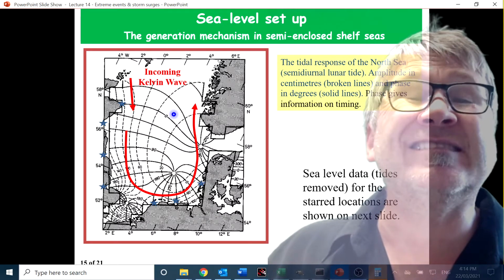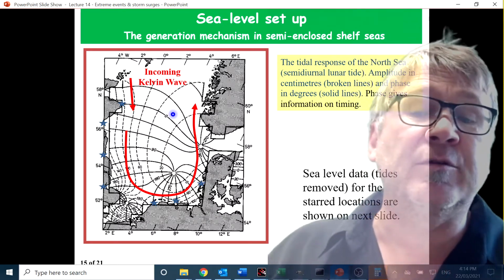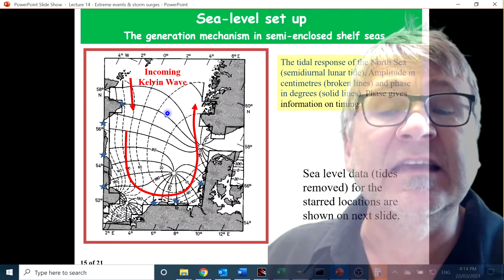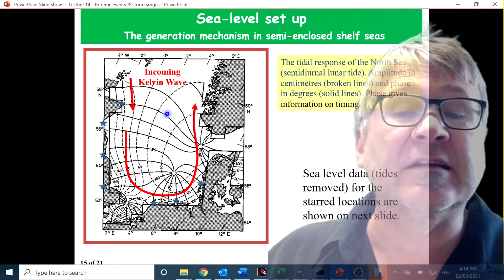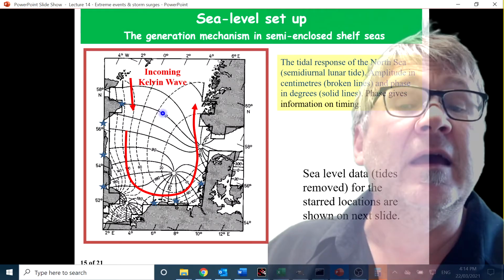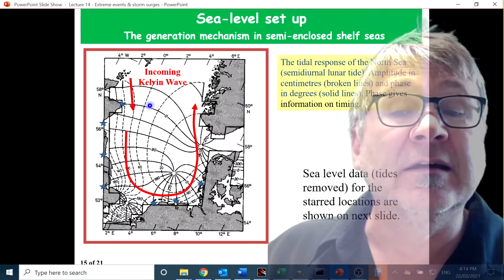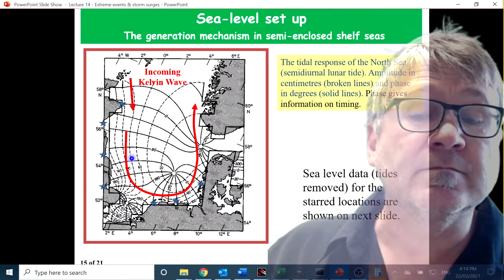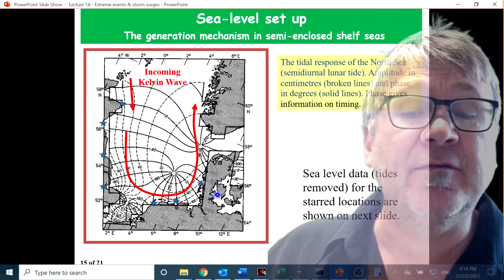And this is expressed here in 360 degrees. So from 0 to 360 is one full tidal cycle, and then the feature repeats. And you get information on the temporal evolution, the time evolution of the wave.